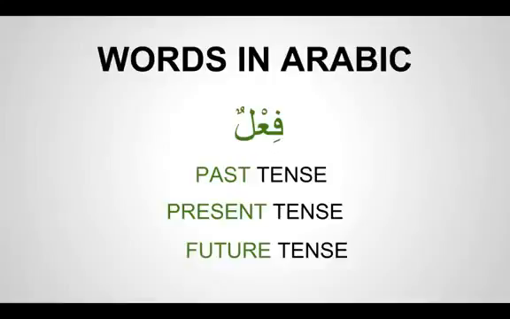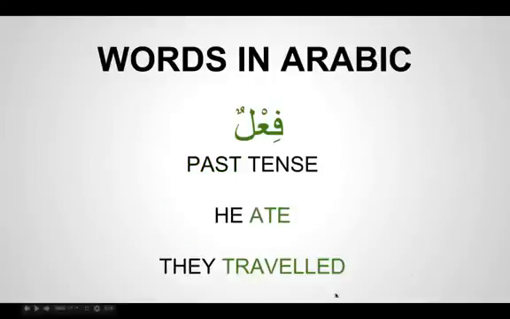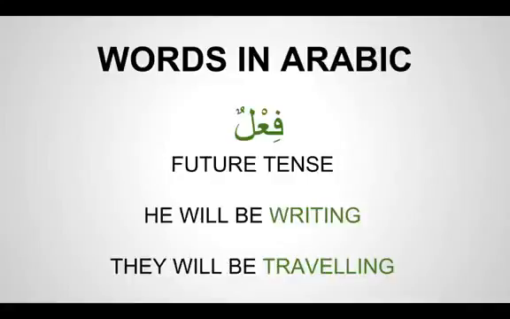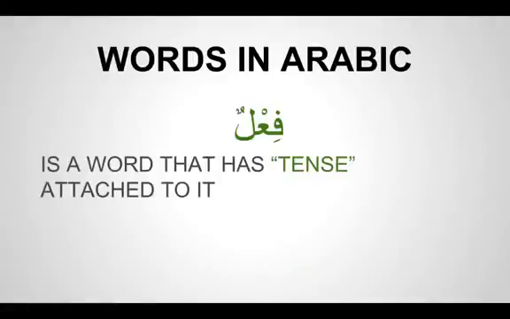Let me give you some examples. For the past tense, like "he ate," "they traveled." These are actions that have been done some time before. We have present tense like "he is writing," "they are traveling." Future tense: "he will be writing," "they will be traveling." So fi'al is a word in which you can find a tense: a present tense, past tense, or a future tense.